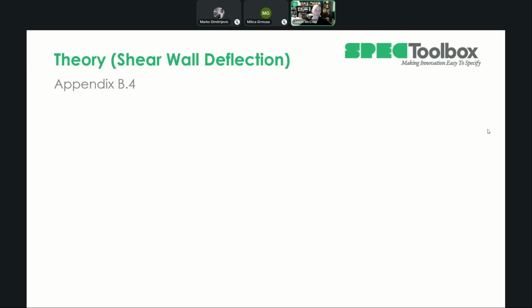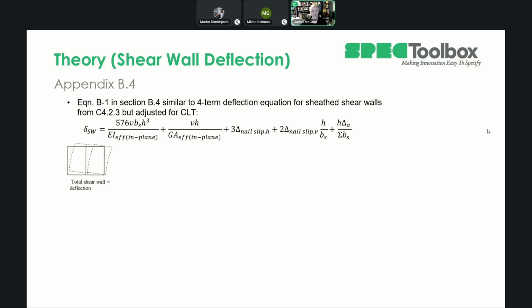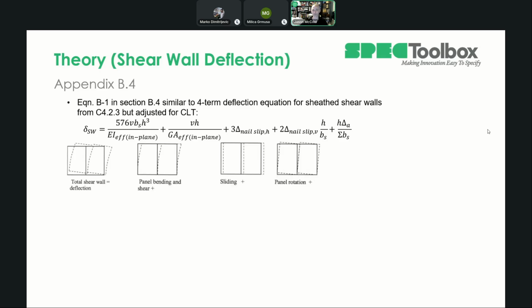Now jumping into the deflection, equation B-1 is similar to the four-term equation for shear walls that you might be familiar with from the commentary for regular wood shear walls. It's just got some adjustments here. So you can see your total shear wall deflection is going to be composed of 5 terms: bending in plane, shear in plane, and then nail slip, which is your sliding term there, horizontal nail slip.